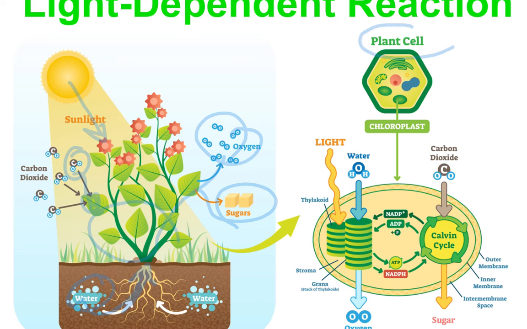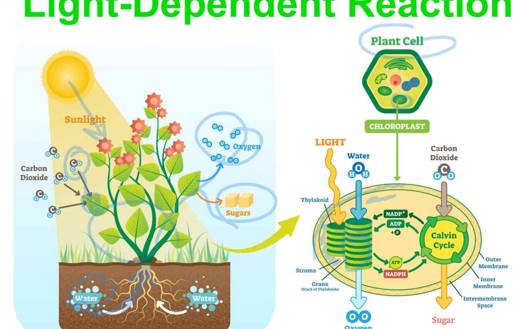Inside every plant cell are these chloroplasts. Chloroplasts are green because they're reflecting green light and absorbing all other wavelengths of light. All right, so the chloroplast inside of it has stacks of grana and this fluid around it called stroma.